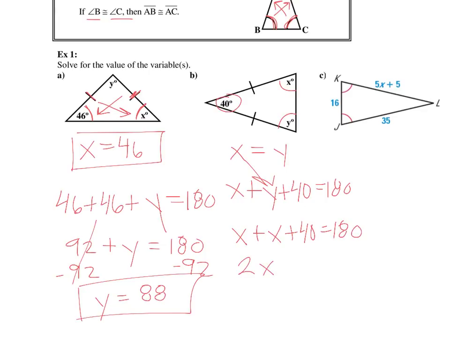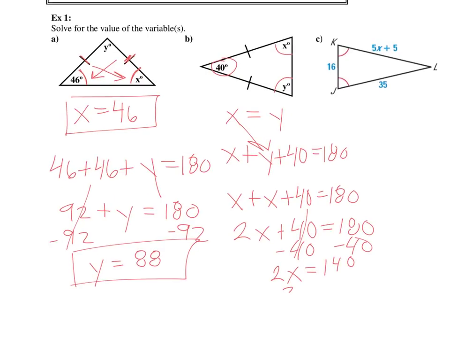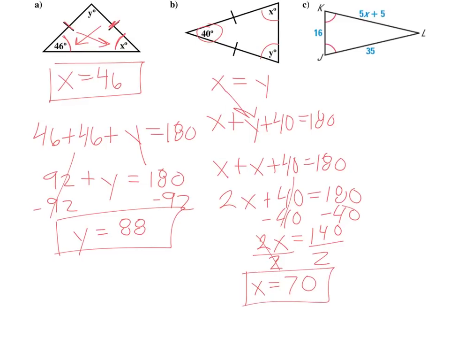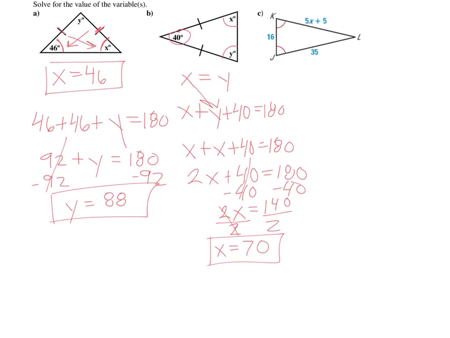So I have 2x plus 40 equals 180. Subtract 40, and I have 2x is equal to 140. Divide by 2, and x is equal to 70. Well, if x is 70, what's y? y is also 70. Done.